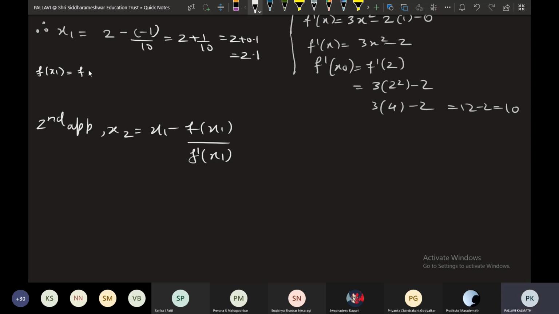F of x1 is f of 2.1. So what is this? 2.1, the whole cube, minus 2 into 2.1, minus 5. Okay, because that is the equation. And the answer, how much did you get? 2.07? Okay, f of x1 is 0.061, ma'am.